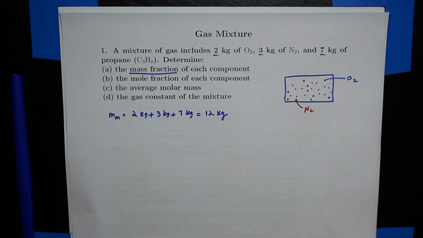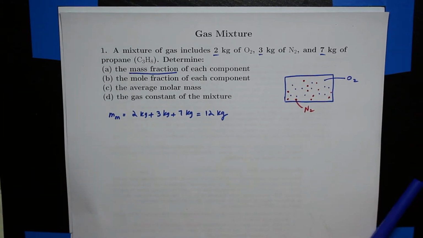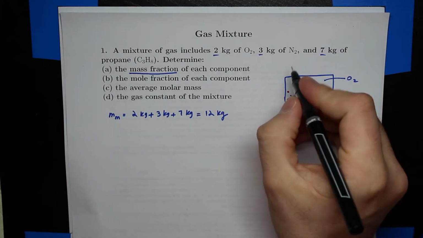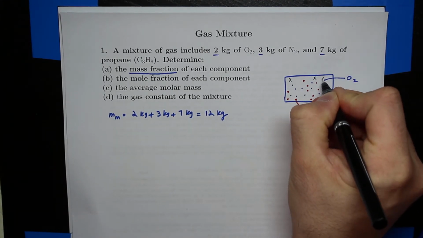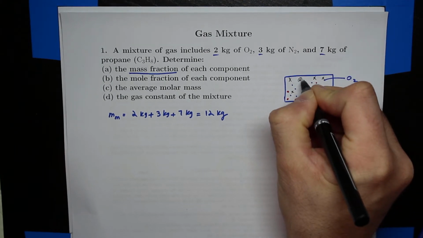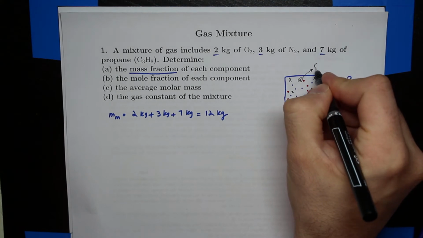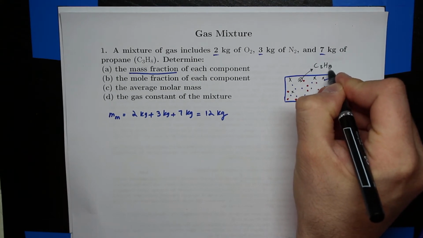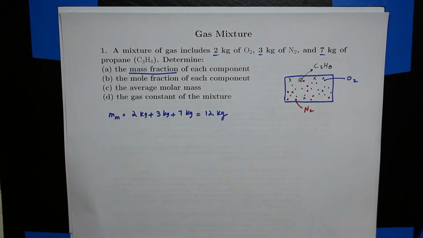And also we have propane. So for propane, maybe I can use another color. So I'm showing that with cross. So let's say these crosses are propane molecules, for instance. Okay, so this is what we have in this tank.